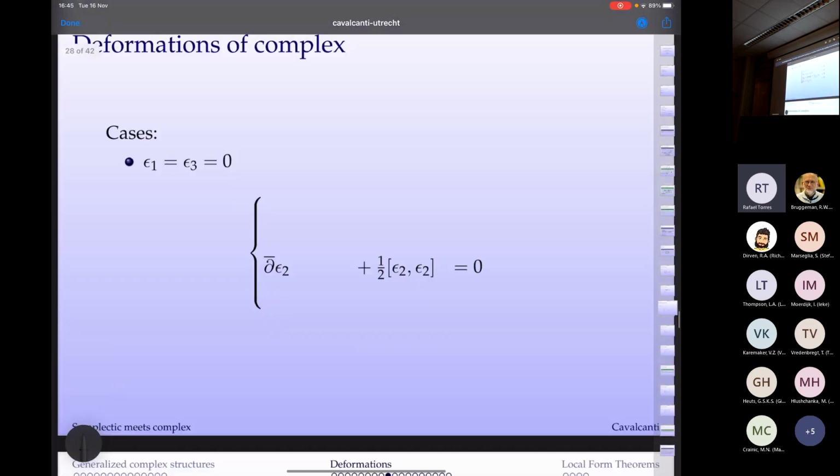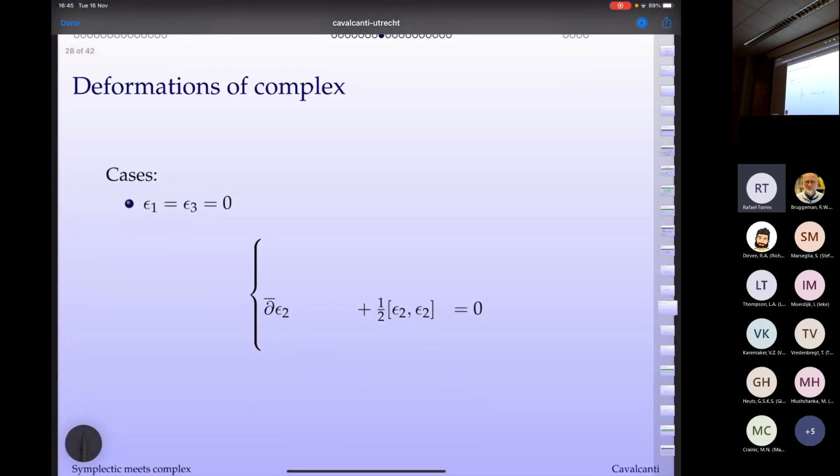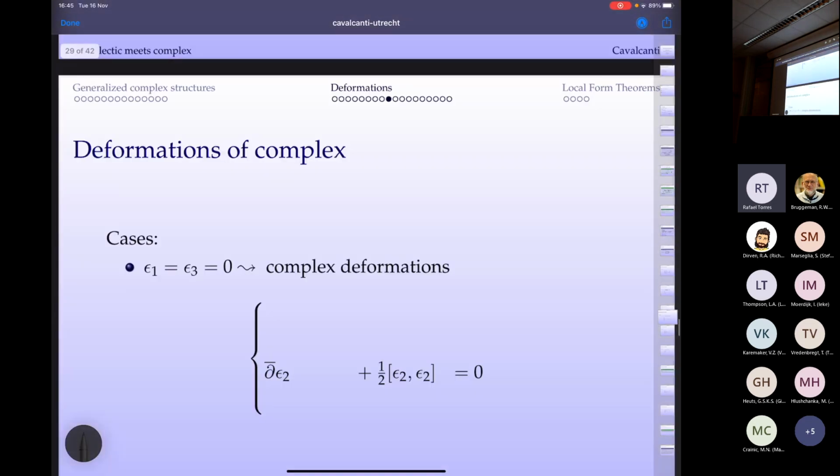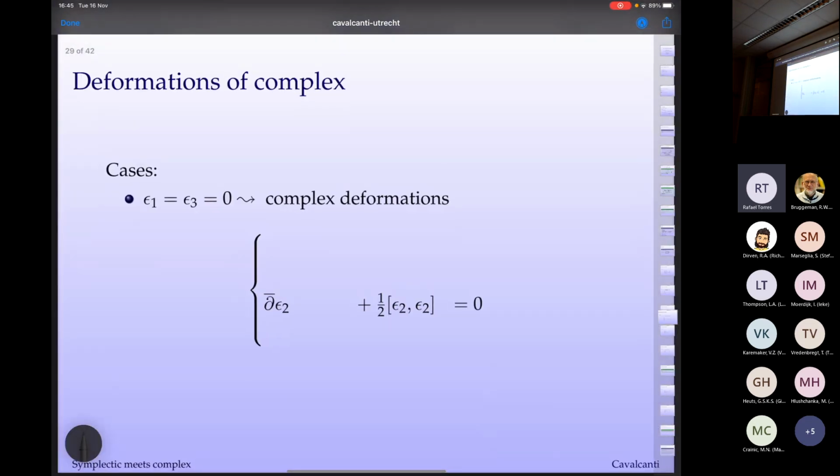So what you're left with is just that. There's a single equation again, and that's precisely the type of equation you get when you want to deform a complex structure as a complex structure. So that's when does an automorphism of the tangent space give rise to an integrable deformation of a complex structure. So this is something from the 50s. It's just genuine deformations of the complex structure. Okay.